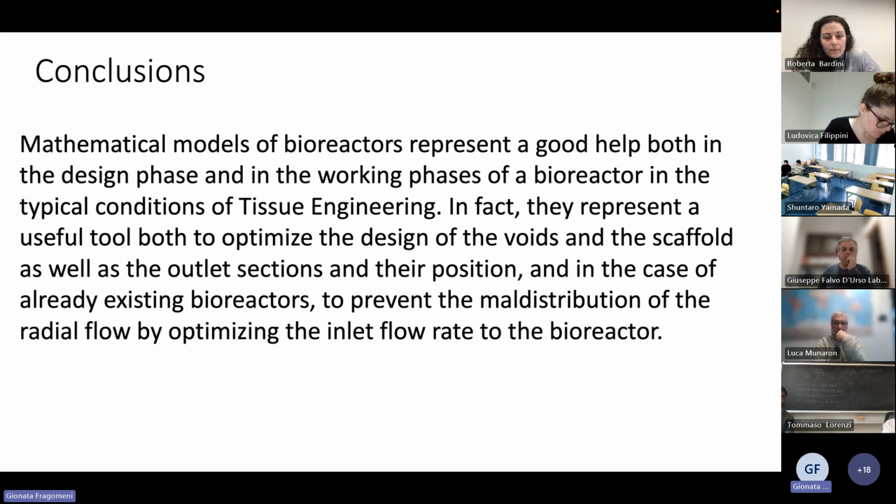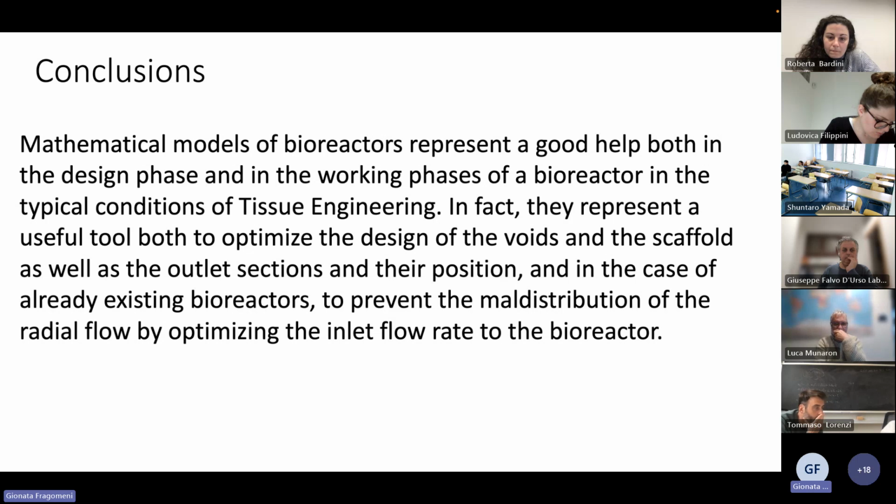In conclusion, mathematical models of bioreactors are a good help both in the design phase, where we can see the results for the bioreactor, and also in the working phase of the bioreactor in the typical conditions of tissue engineering.